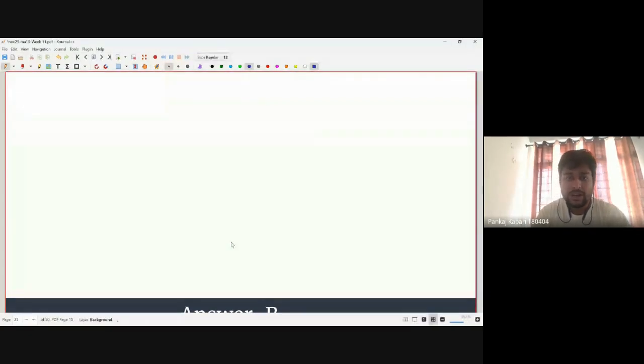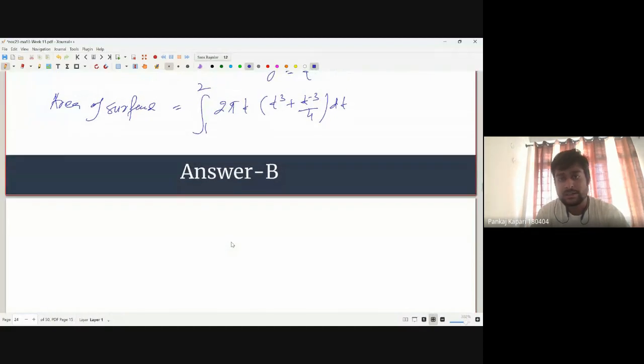Okay, so if we find this definite integral, then we get the area. So let's calculate this definite integral.